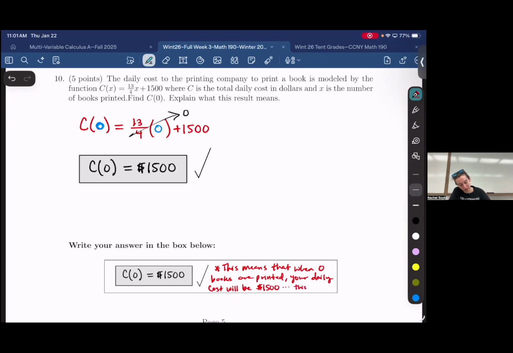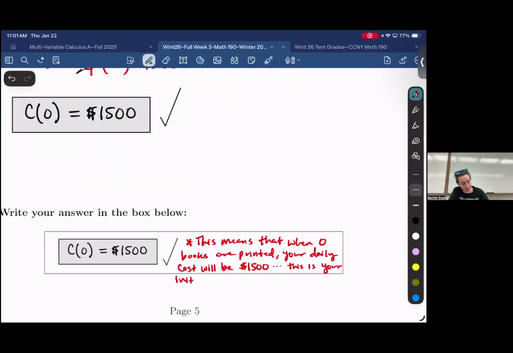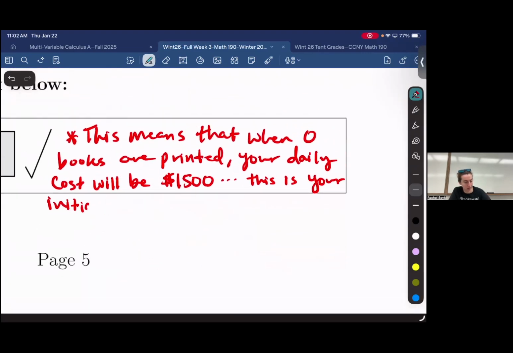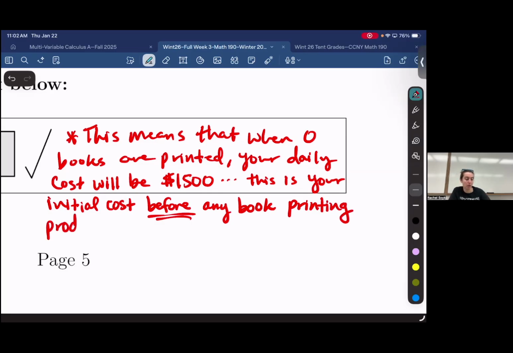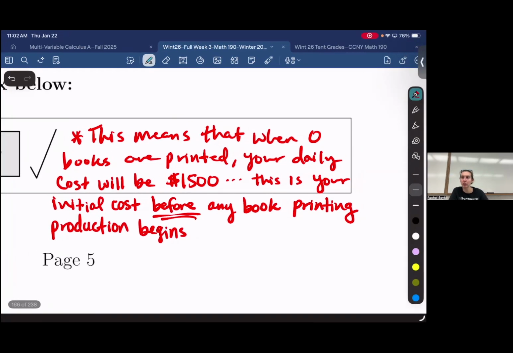This is your initial cost before any book printing production begins. This was on, I think, exam 1, right?